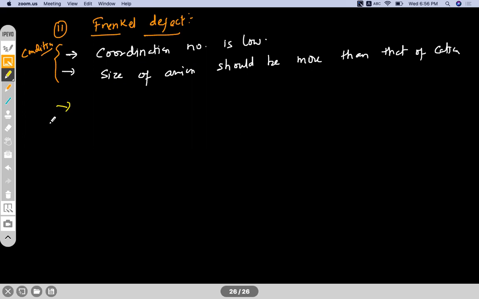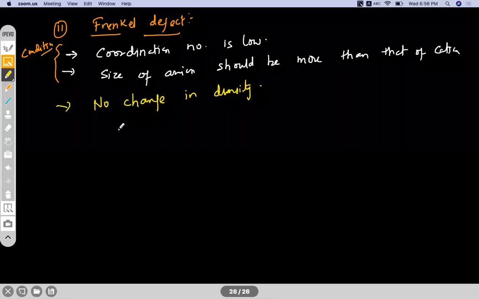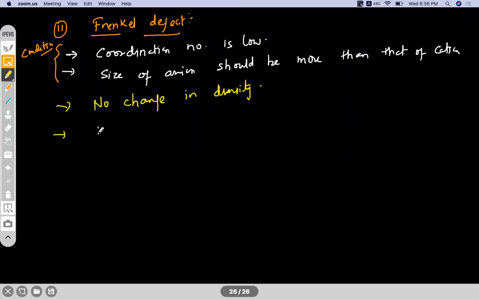Because of this, there is no change in density. Here also, lattice energy and stability decrease, disorderness increases, so entropy also increases.